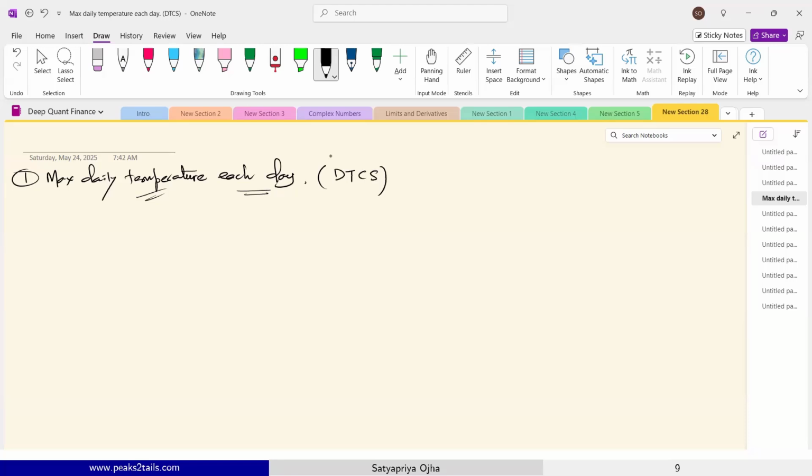Right. How do we plot this? At discrete time points every day, you will have some value, the max daily temperature. This is the plot.